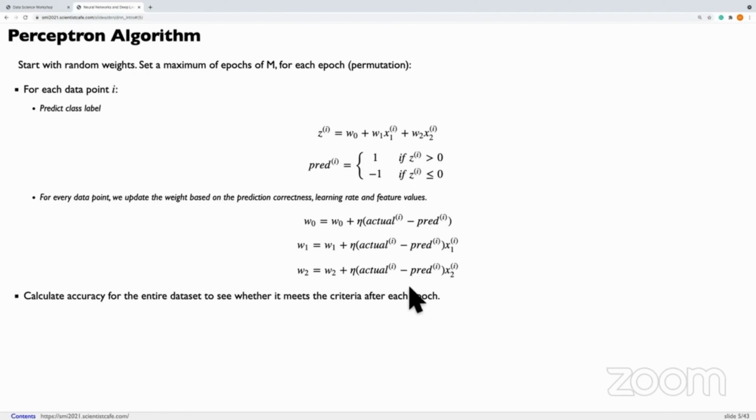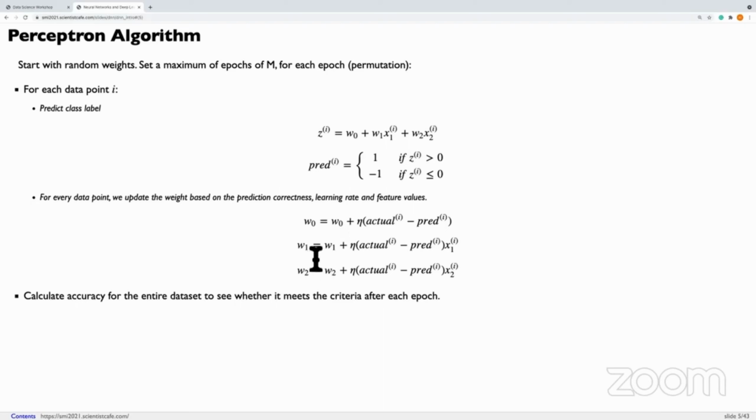It's actually a mini version of gradient descent. Basically you take the derivative with respect to W0, and the derivative is the actual value of yi, which is 1 or -1, minus the prediction. And you update W0 by the previous W0 plus the learning rate multiplied by the gradient.